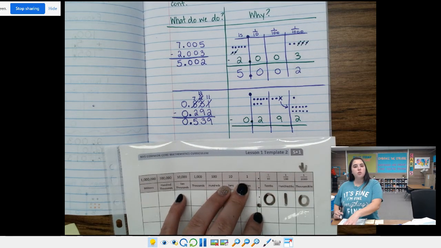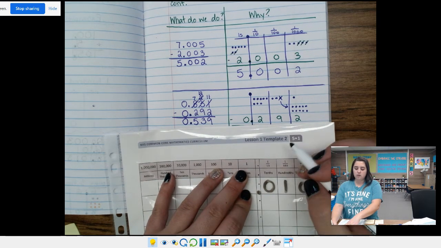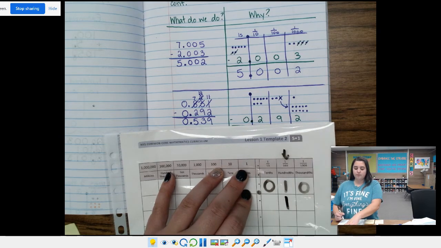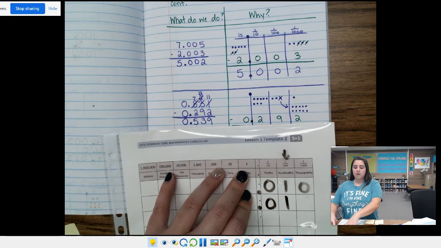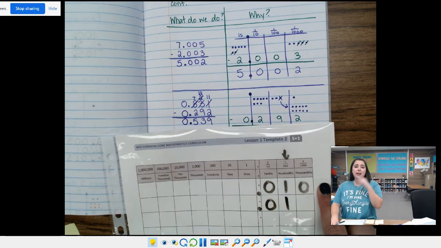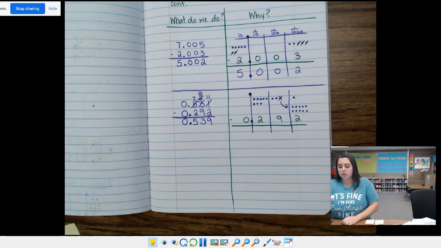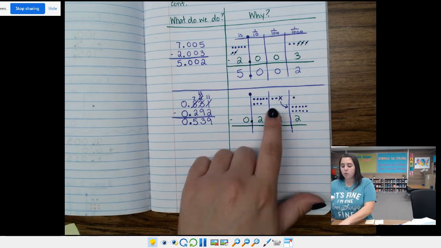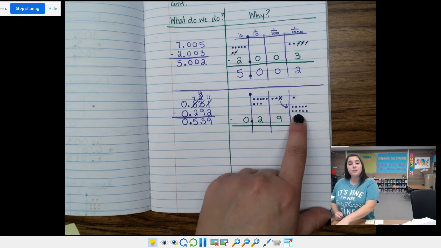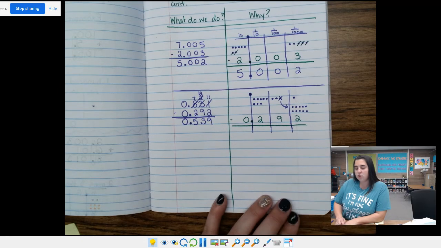All right, now I'm going to show you what 1/100th looks like. Here's my hundredths, 1. 1/100th and 10 thousandths are the exact same thing. They have the same value. So I just took 1/100th away, and that became 10 thousandths. Now can I take away 2?